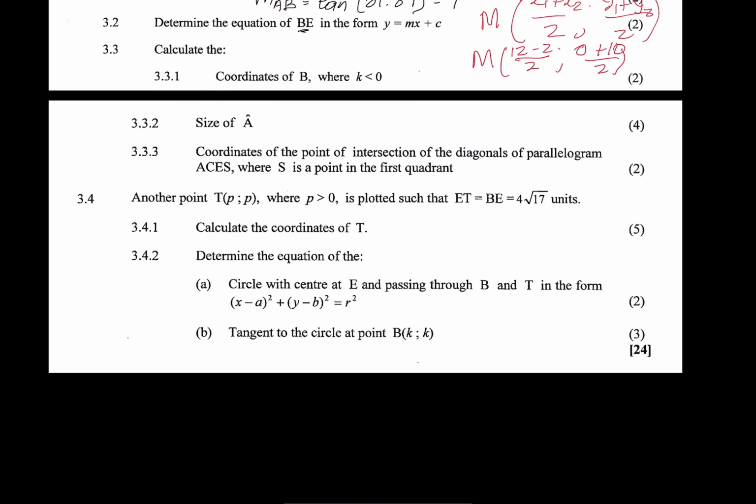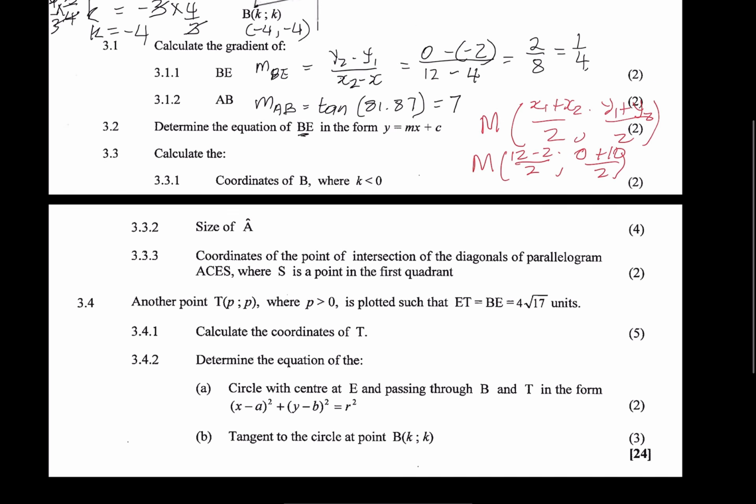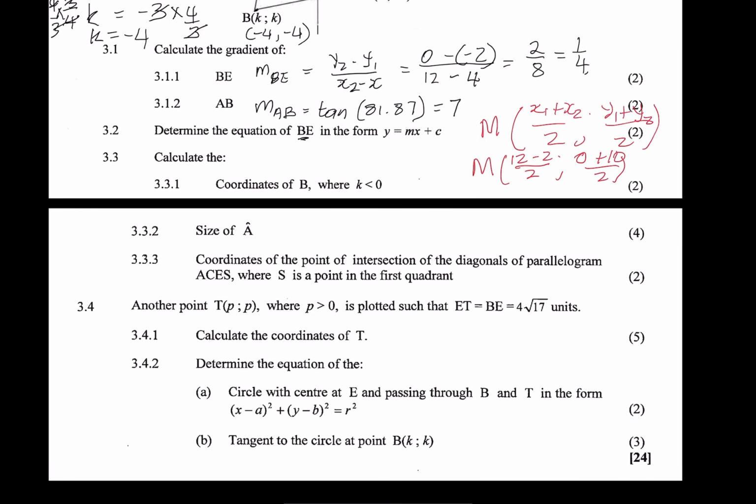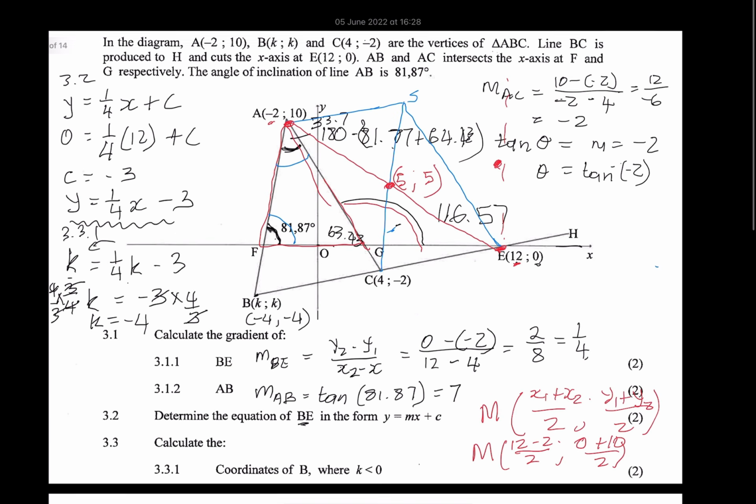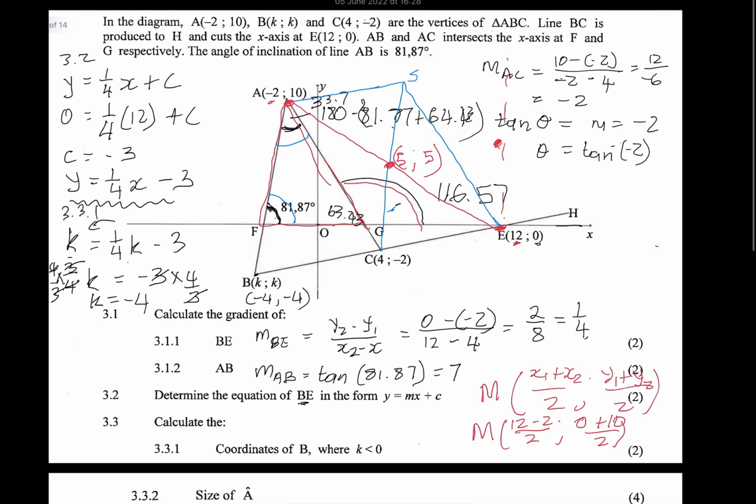Now I want you to note, we know the distance of ET, and we want the coordinates of T. So let's write down ET, which we are given is 4 root 17.